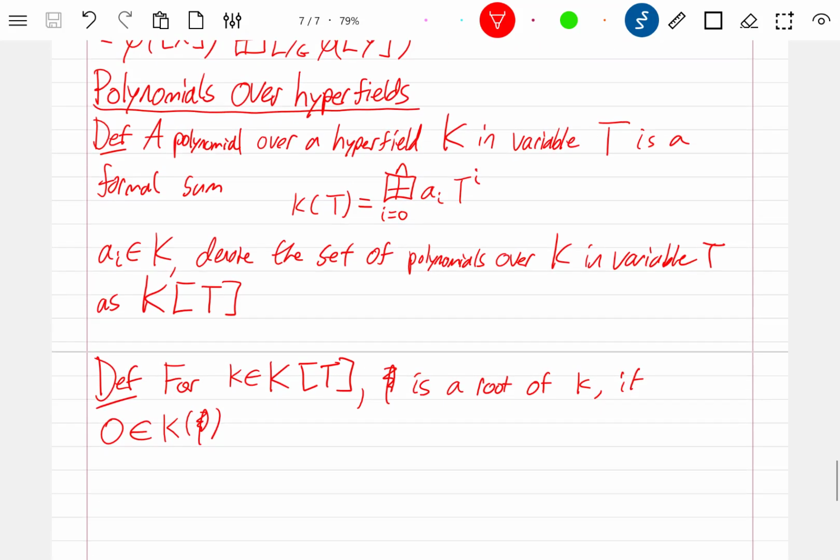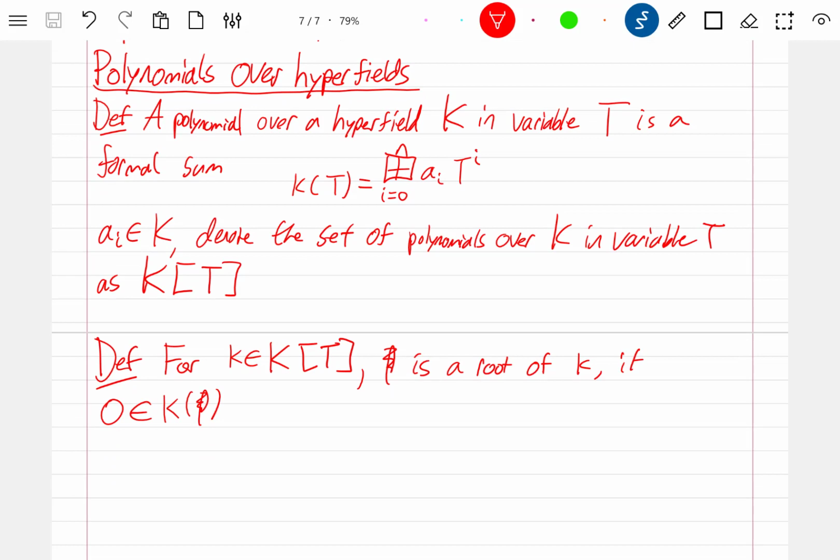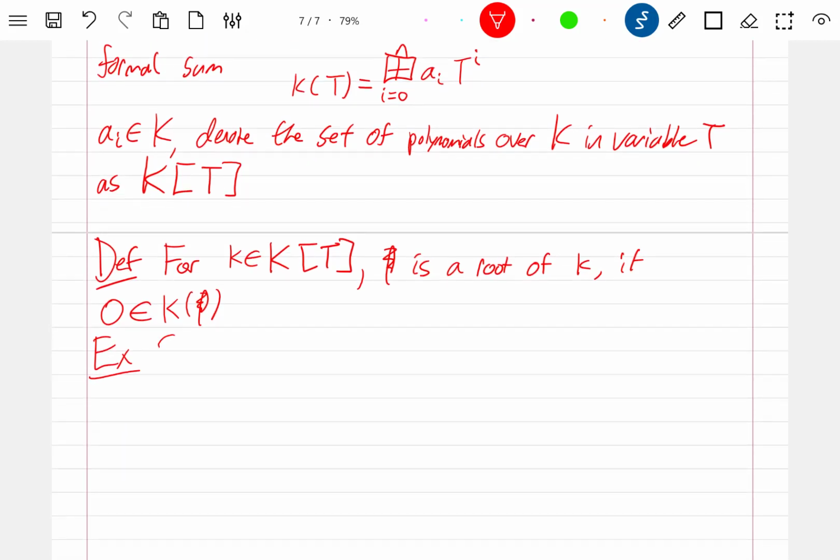So here's the phenomenon I was referring to, in an example. If we consider the hyperfield of signs, let's consider the polynomial 1 plus t and the polynomial negative 1 plus t.